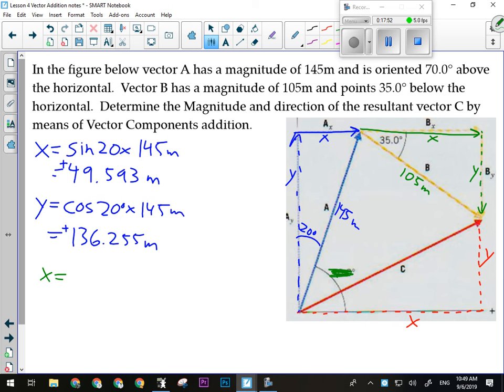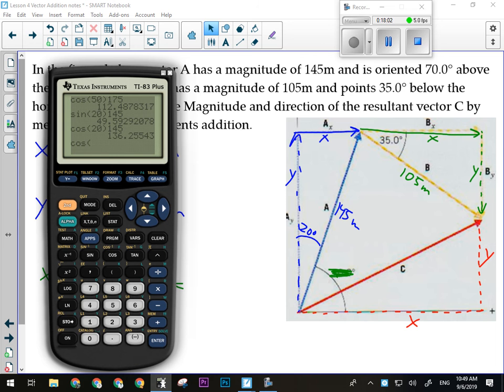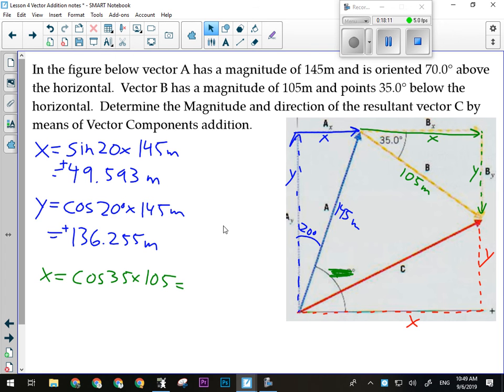So cos of 35 degrees times 105 meters is 86.011 meters, and that's also going to be positive because it's in the same direction as blue x.